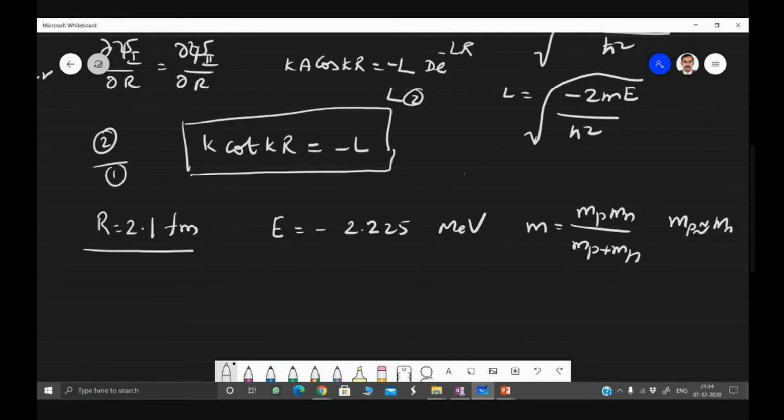If we assume Mp to be approximately equal to the mass of the neutron, this will be Mp square divided by 2 times Mp, so M is equal to Mp by 2. So we can replace M by Mp by 2 and use the value of the mass of the proton in the above expressions.